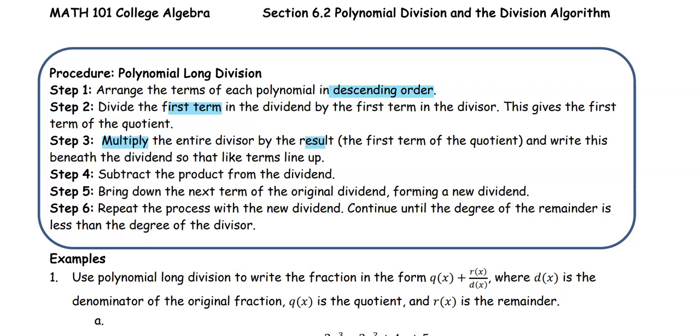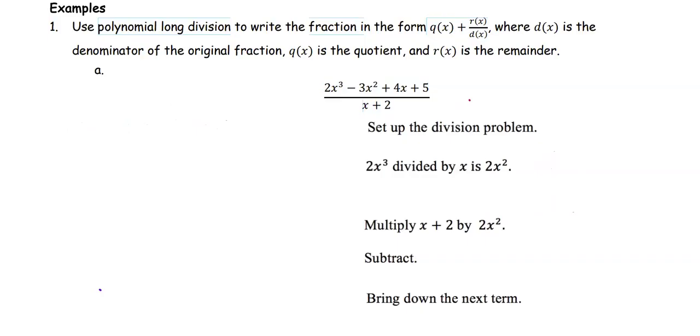Step 4, subtract the product from the dividend. Step 5, bring down the next term of the original dividend, forming a new dividend. Step 6, repeat the process with the new dividend. Continue until the degree of the remainder is less than the degree of the divisor.